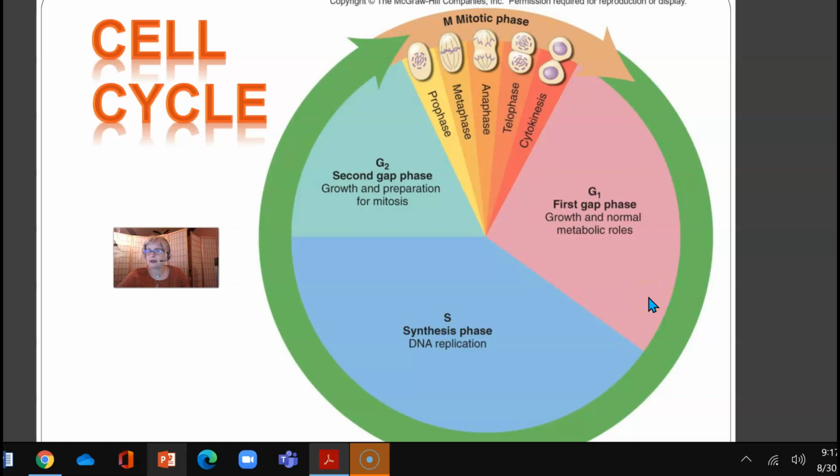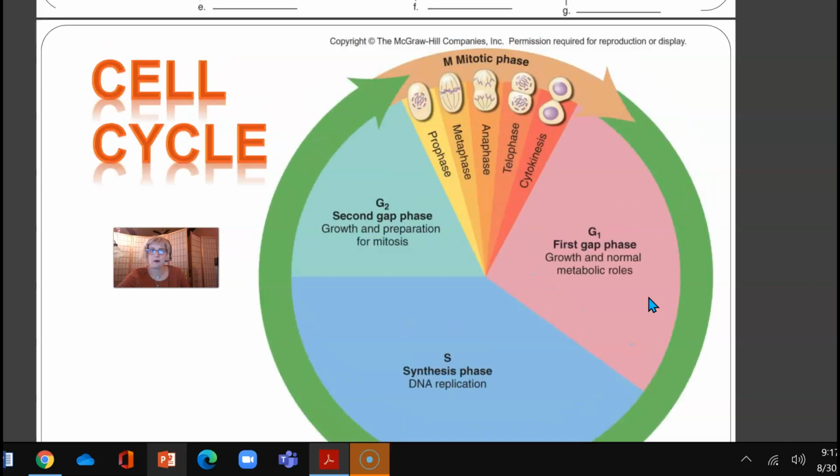A-P-O-P-T-O-S-I-S. Apoptosis is cell suicide. If apoptosis doesn't occur, that's cancer, when cells keep multiplying and multiplying, and the cells age, so after a certain amount of cycles it needs to die.